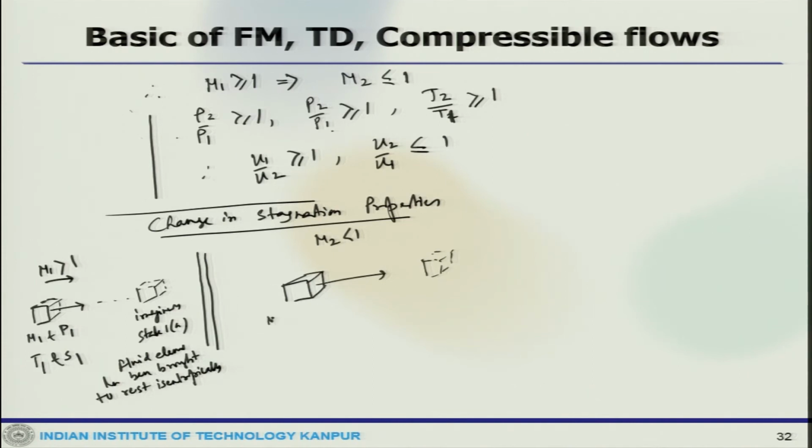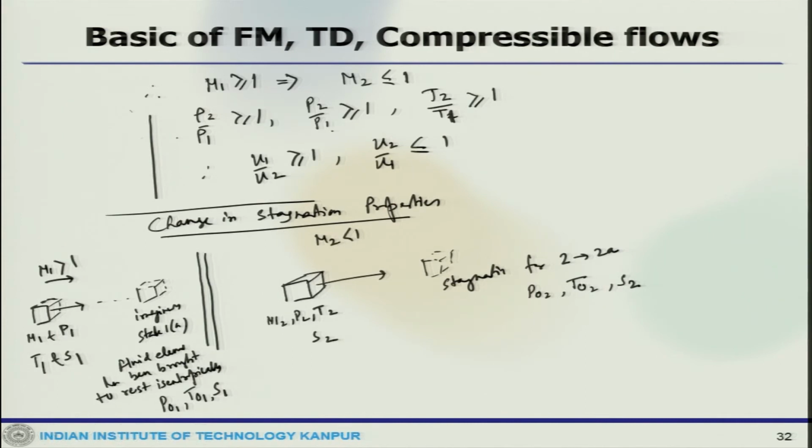So, this is m2, p2, t2, s2, stagnation from 2 to 2a, which is p naught 2. So, this would be p naught 1, t naught 1, s1, p naught 2, t naught 2, s2.